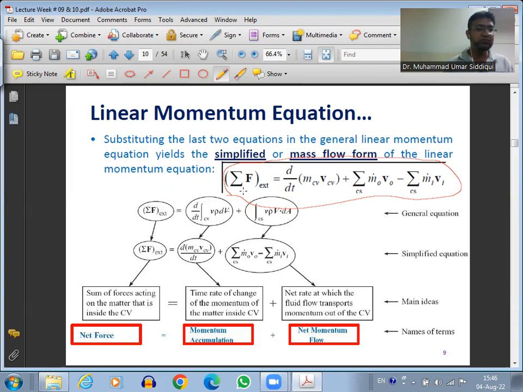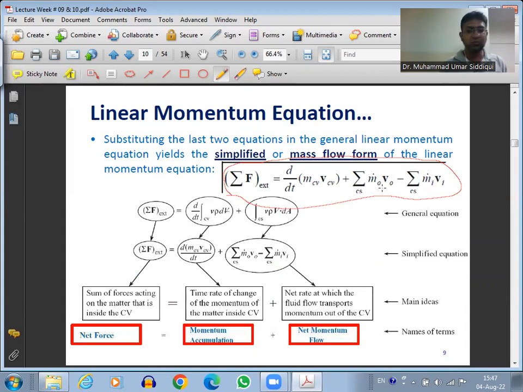The summation of all the forces, these are the external forces, we are not discussing the internal forces. The summation of all the external forces is equal to the rate of change of momentum inside the control volume, plus the momentum of the fluid leaving the control volume through the control surface.